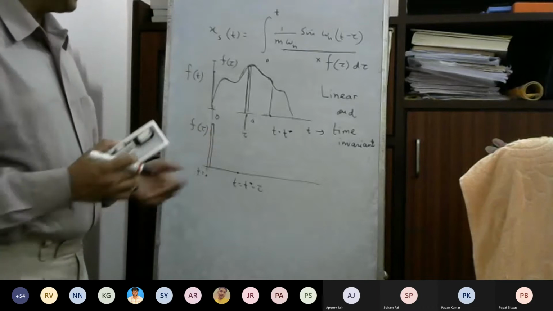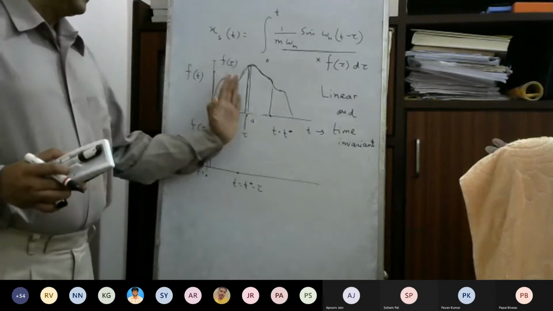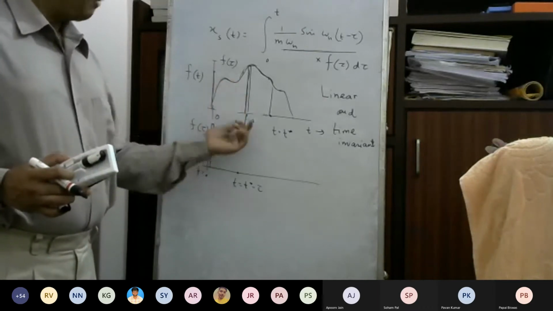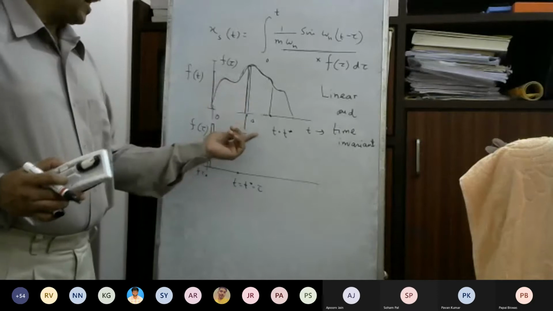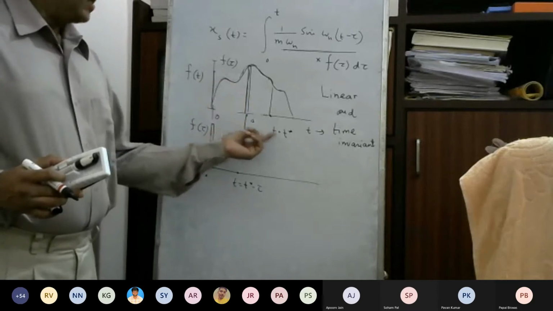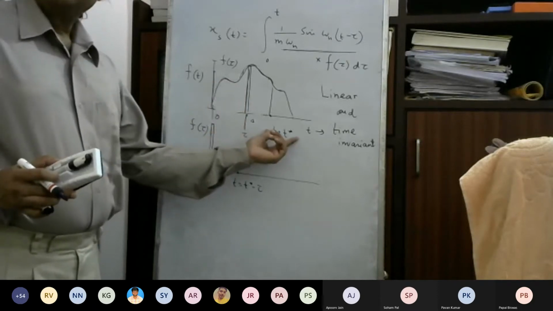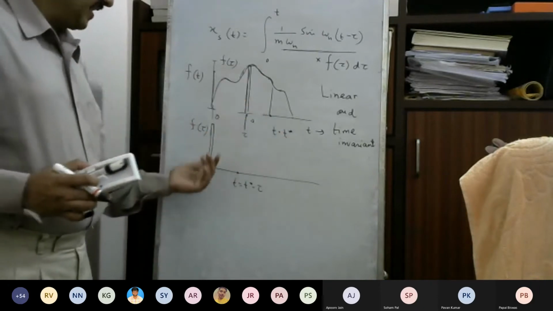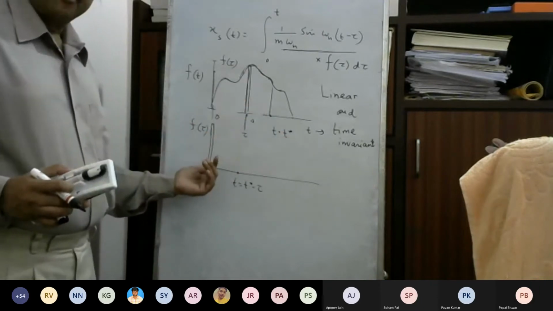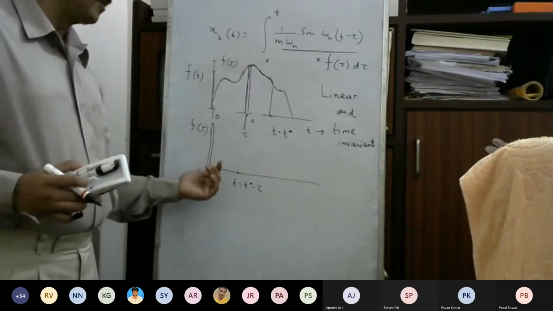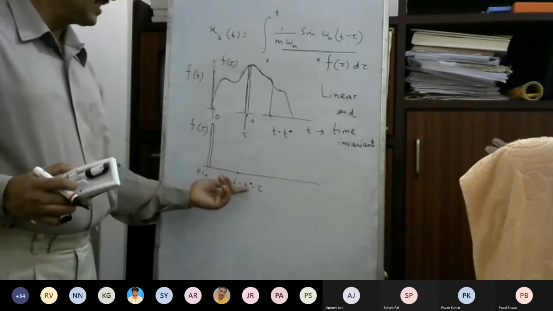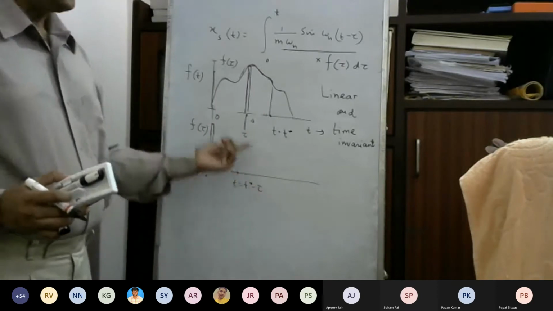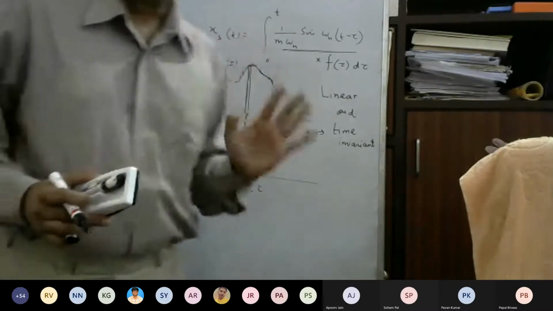Because the system is time invariant, if I apply the impulse at time t equal to tau and measure the response at time t equal to t star, and in the second scenario I apply the same impulse at time t equal to 0 and measure the response at t star minus tau, these two are equal.